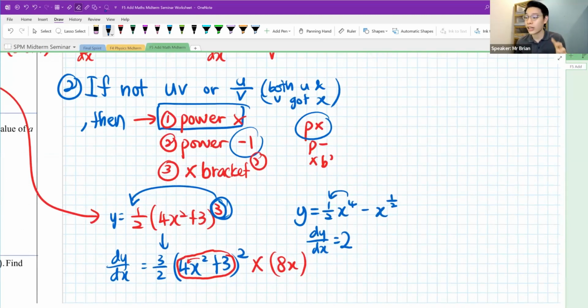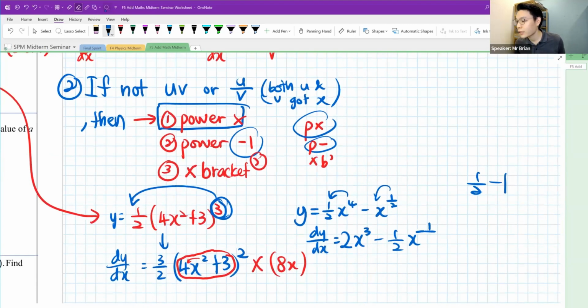Use calculator, I know some of you are not good with fractions. Power minus by 1 becomes 3. This B stands for bracket. No bracket, ignore this step. Got bracket only you do. Then you repeat the same thing: power multiply, and the power minus by 1. 1 over 2 minus 1, negative 1 over 2. There you have it.